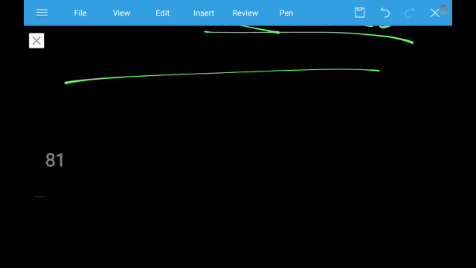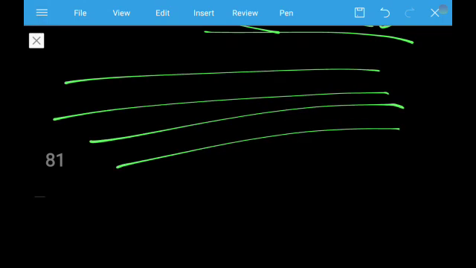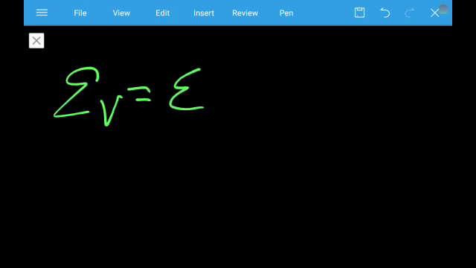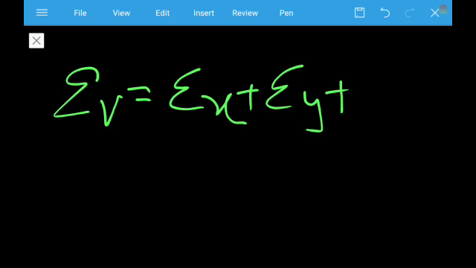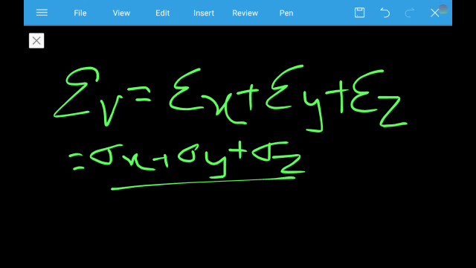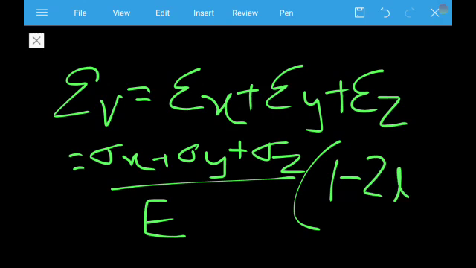Now comes the volumetric strain, epsilon V. Volumetric strain is the strain in x direction, plus strain in y direction, plus strain in z direction. So this is (sigma x plus sigma y plus sigma z) upon E times (1 minus 2 mu).